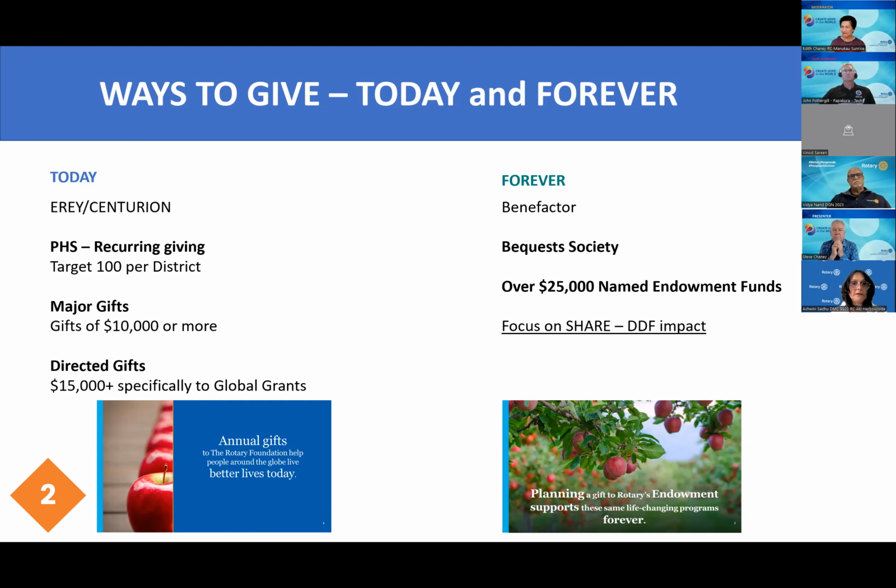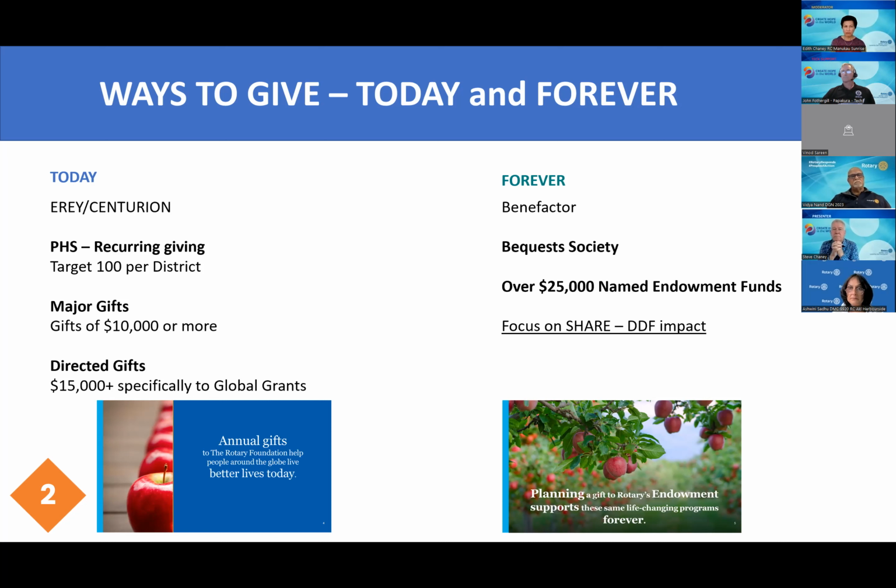Paul Harris Society, recurring giving, target 100 per district. I think we've got about 20 people in that. They give $1,000 US every year to the foundation. Major gifts, of course, is 10,000 US, once over, sorry, not per year. And the director gives us 15,000 and can be used for global grants as well.